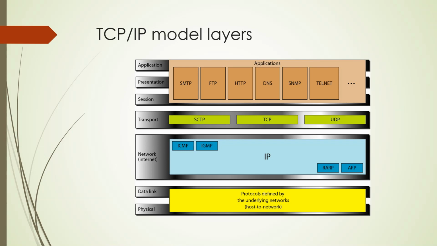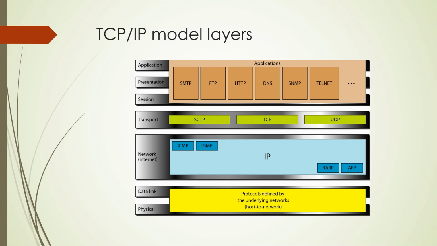Both things are correct. So if there is a question about how many layers there are in the TCP/IP protocol suite, both answers are correct. It can have 5 layers, it can have 4 layers. It just depends on how we see it. So again, first and foremost we have the physical layer and the data link layer.